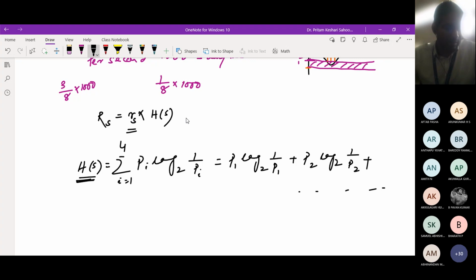So you will get the final result, which I have calculated as 1811.3 bits per second. So this is the approach how to address any problem or any example which will be asked in the exam of such kind.